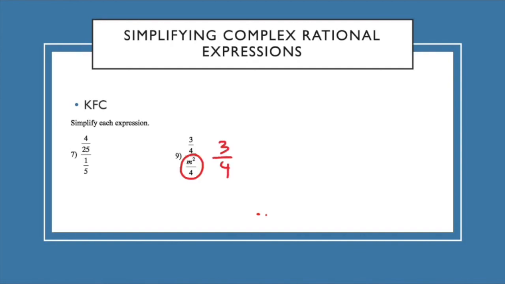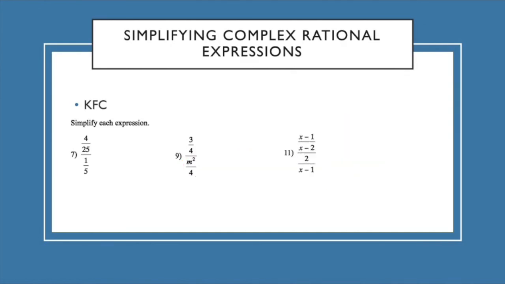Flip that m squared over 4. So it's going to be 4 over m squared. So it's going to be 3 all over m squared. I can reduce these here, leaving us with 3 over m squared. It does not ask us to write our excluded values, so we're done.